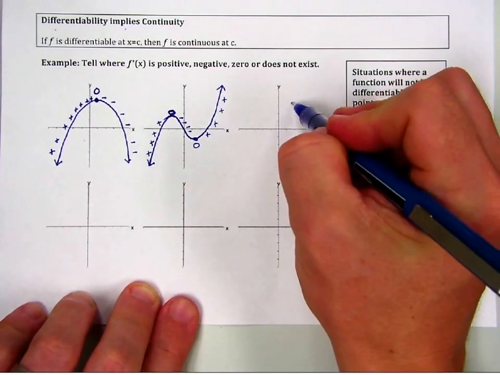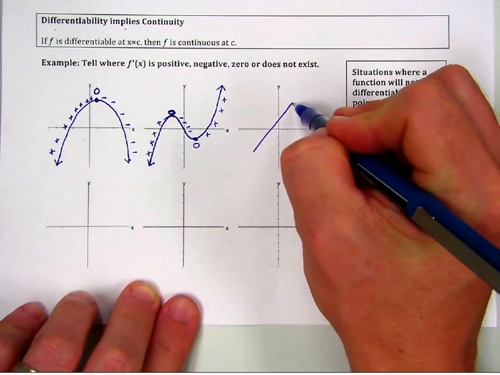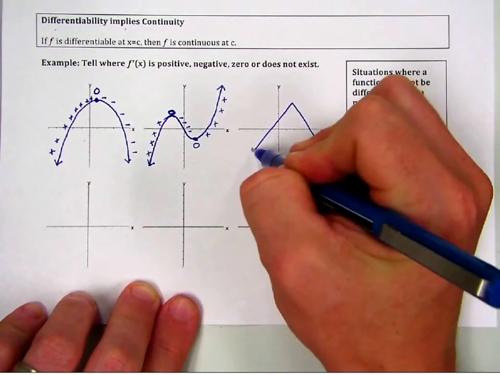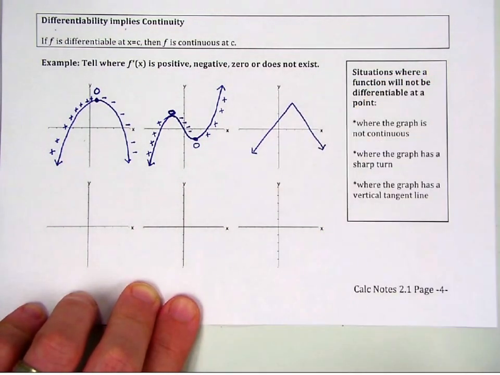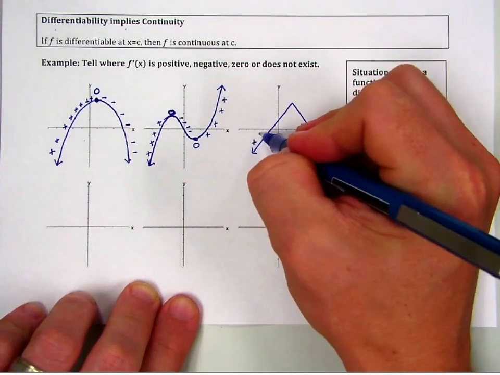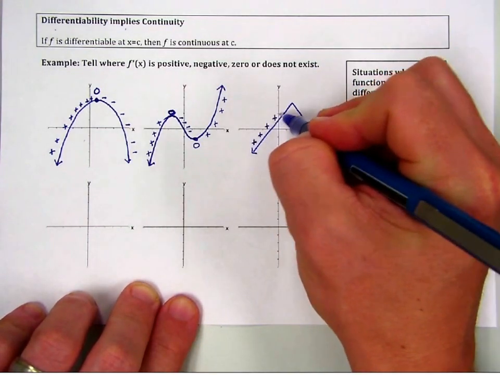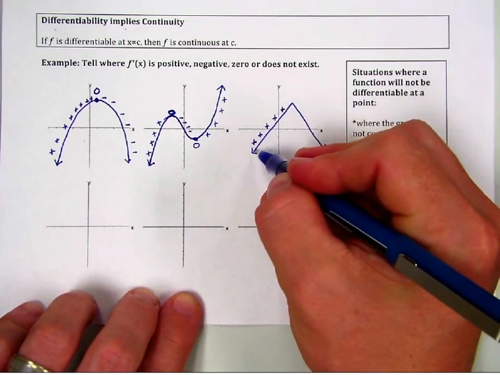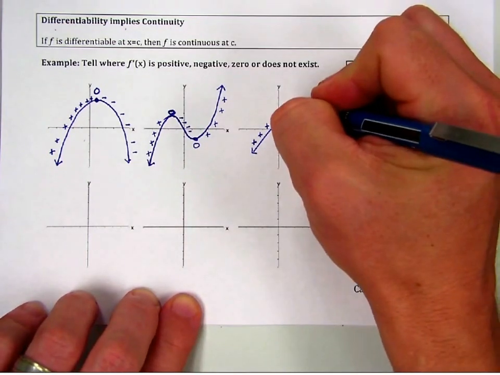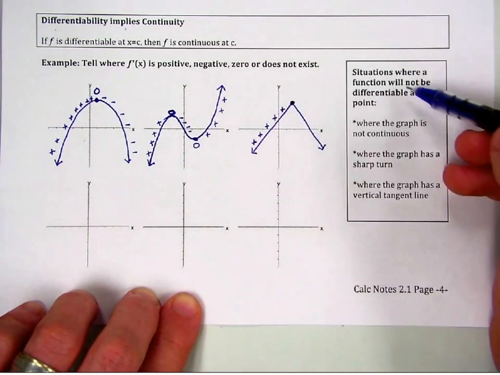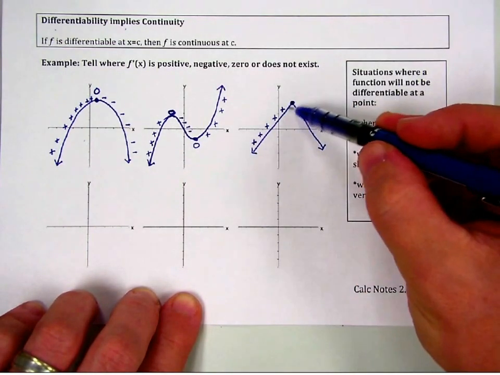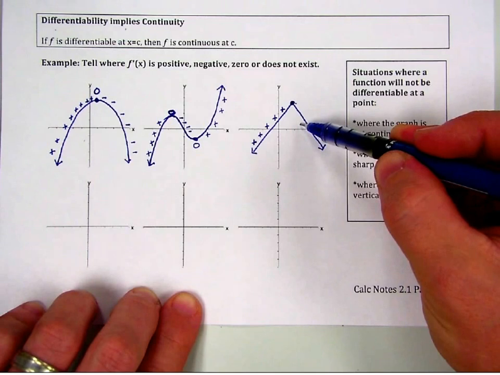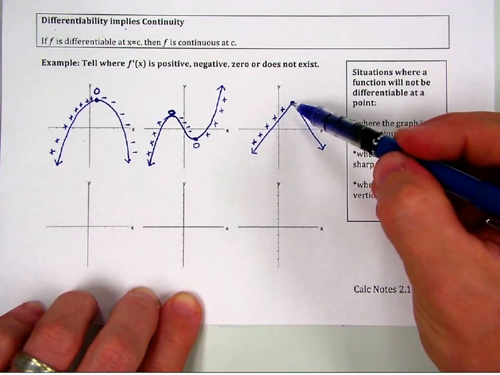I'm going to give you one that looks like this. Okay, so as we come here, our slope is positive. And one other note, since it's a straight line, the slope is going to be constant here. And what happens here is, because there's a sharp turn in the graph, there is not going to be a derivative here.